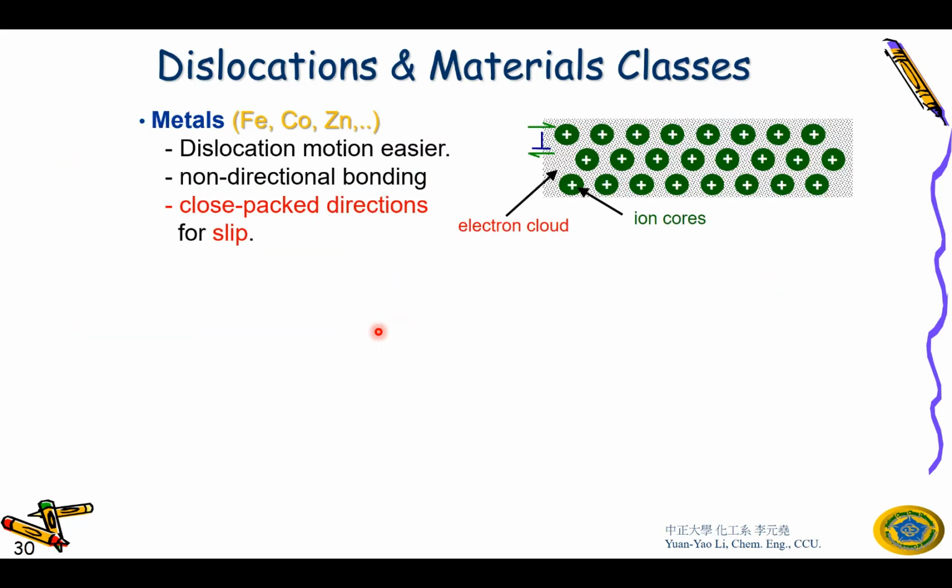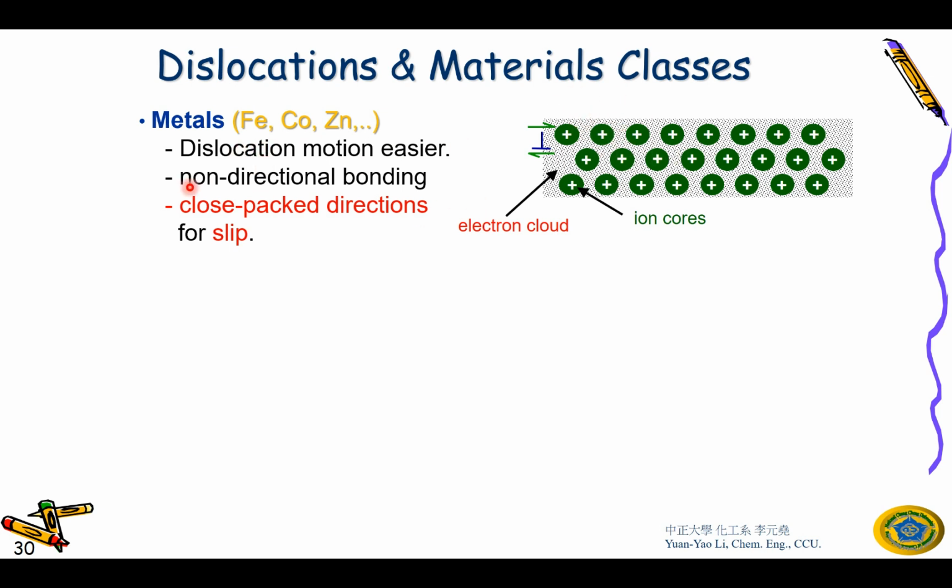So let's take a look at dislocations versus the material classes. For metals, which is what we learn mainly, for example iron, copper, cobalt, or zinc, dislocation motion is easier because metals have free electrons.